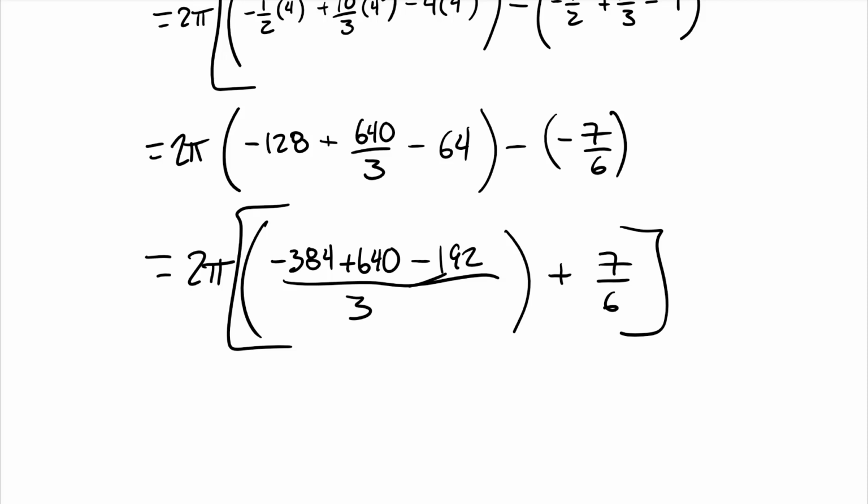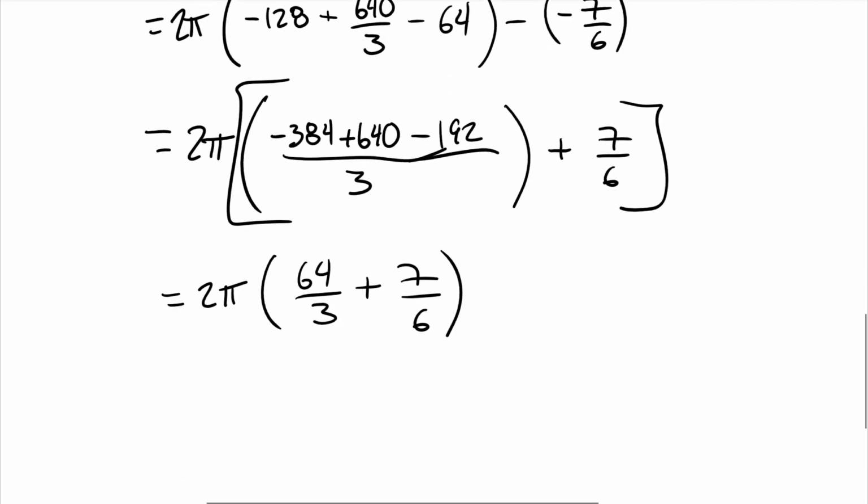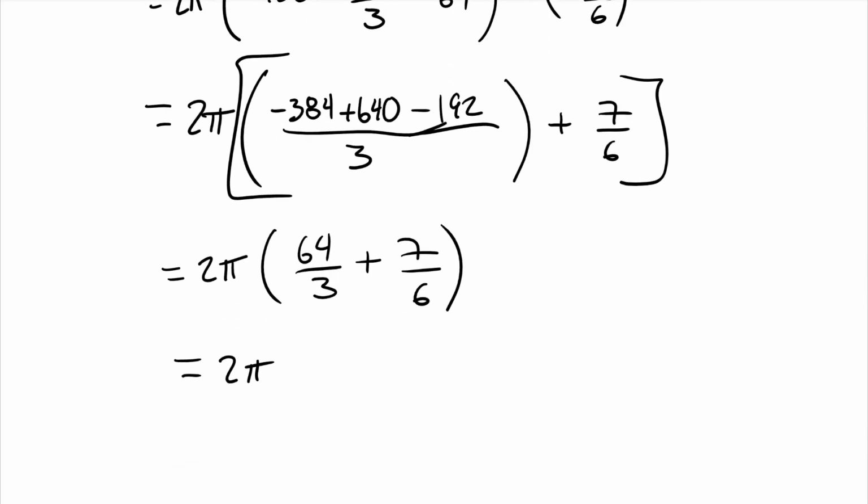So 640 minus 384 minus 192. Yeah, 64. Darn, 64 keeps popping up. So we got 64 over 3 plus 7 over 6. One more common denominator. So it's 128 plus 7.